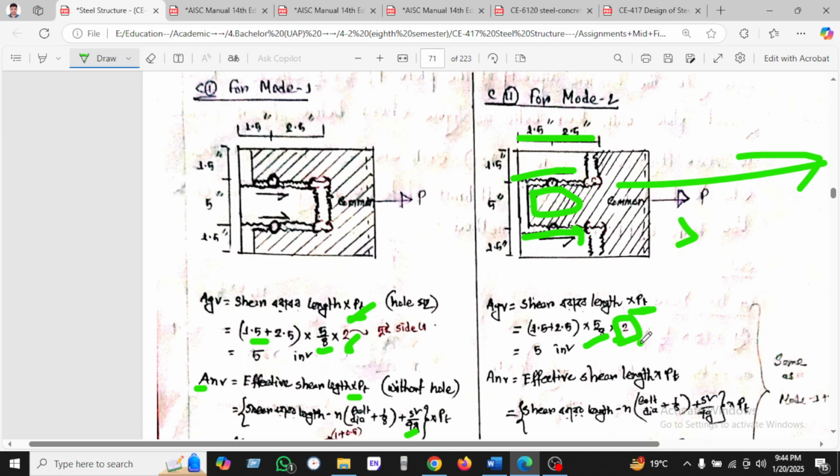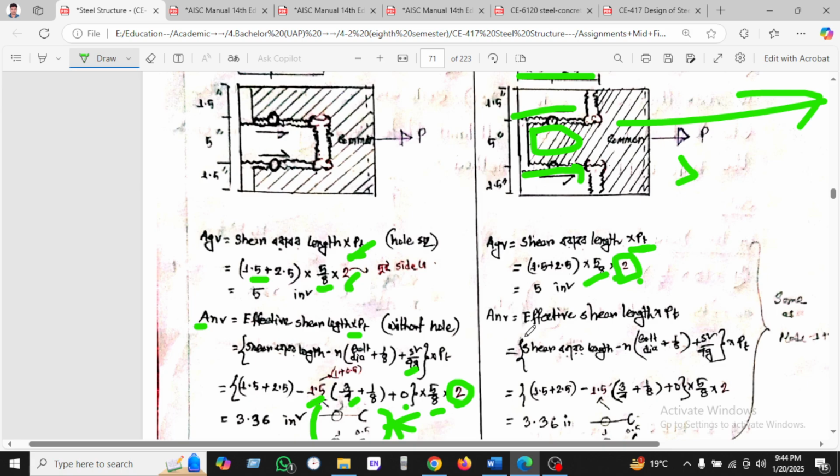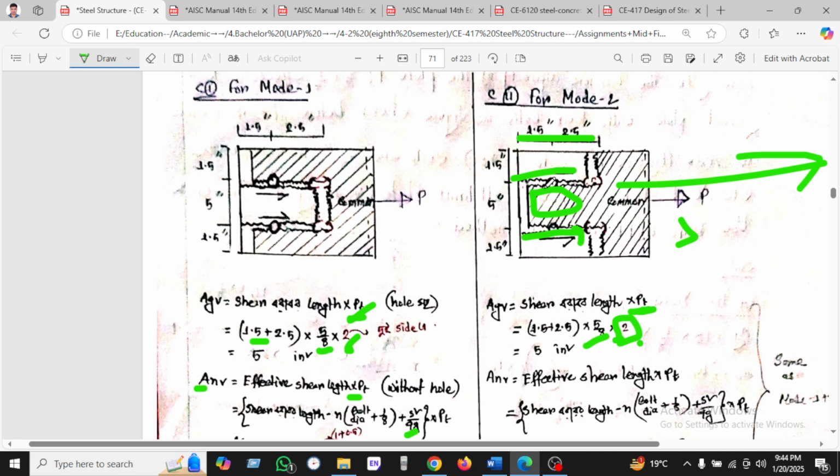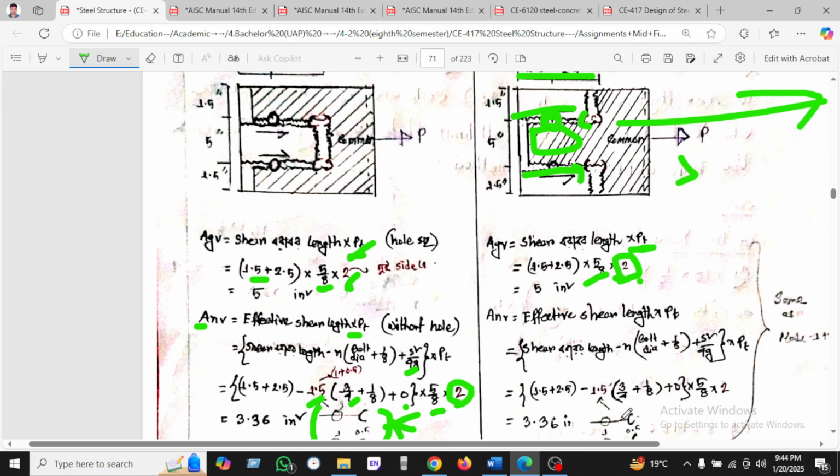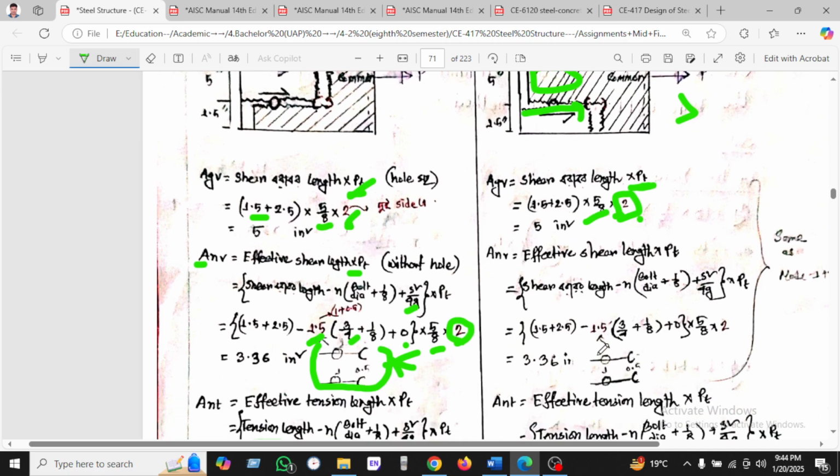That's why we are multiplying by 2. And for the effective shear length, we know the shear length 1.5 into 2 and 1.5. Why 1.5? We know this bolt is taken fully and another bolt is taken half. That's why half into 1 into half, which is 1.5. So that's why we are taking the 1.5.